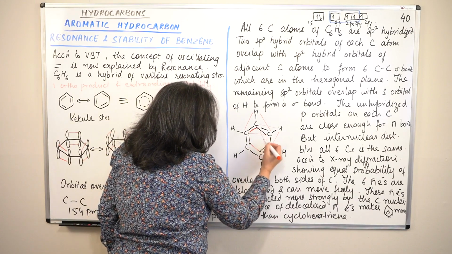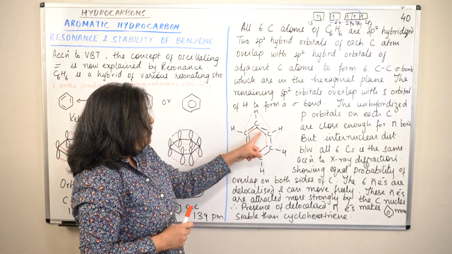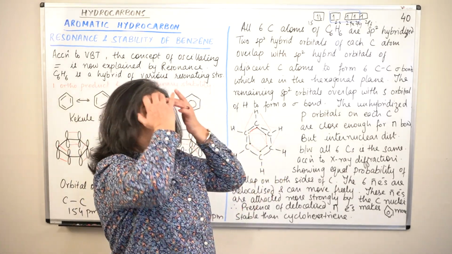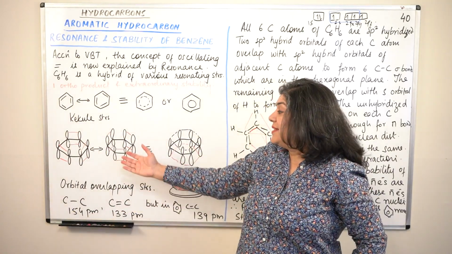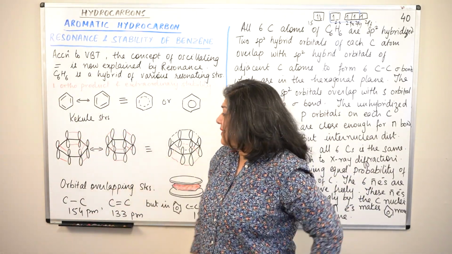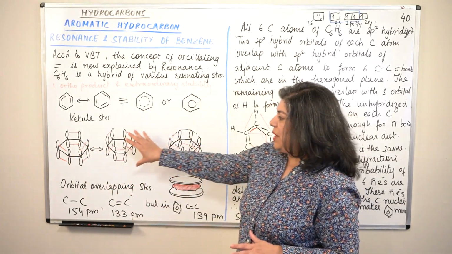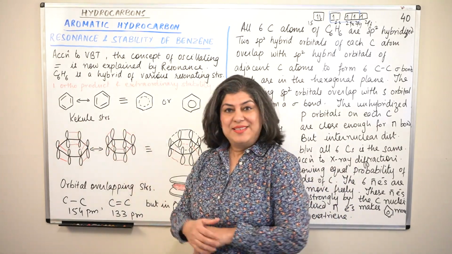So if you imagine the red bonds, you get one Kekulé structure, and if you imagine the three black bonds, you get the other Kekulé structure of benzene. That is how Kekulé imagined his molecule. And this is how when you give the orbital structure, this is what appears to be to us. That the structure should be something like this.